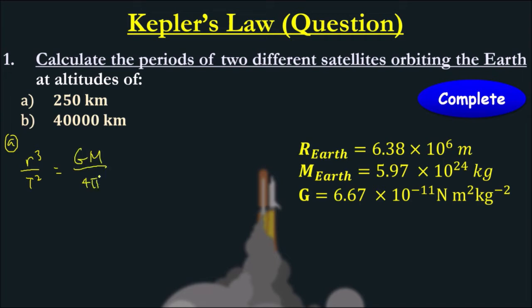we just simply have it like so. You could rearrange all the numbers first. What I will do though is actually substitute my values in, and then we'll go from there. Okay, so firstly, our radius is 3.38 times 10 to the power of 6.